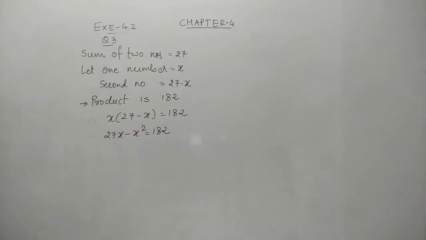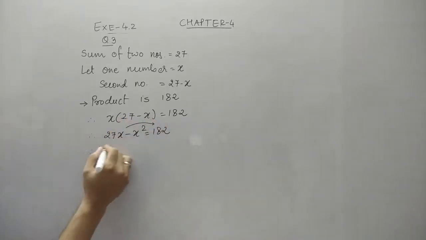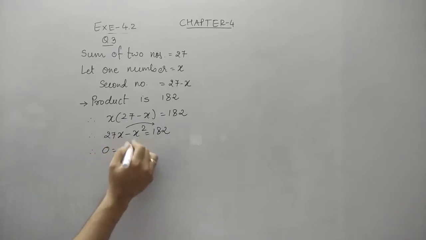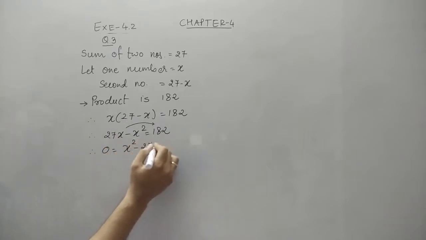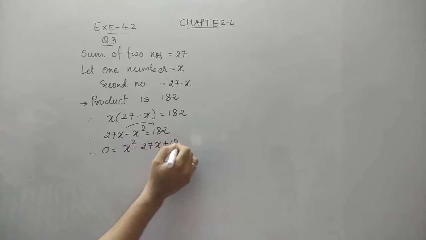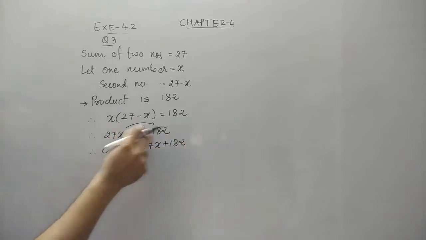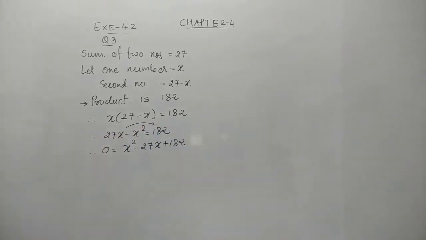Let's get into the standard form. We take care that the coefficient of x square is positive, so we'll take all the terms to the right hand side. So it is x square minus 27x plus 182.